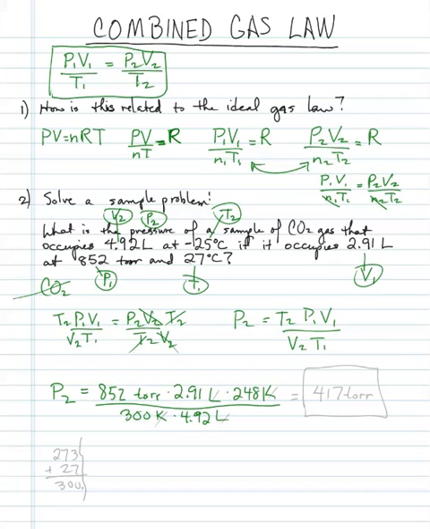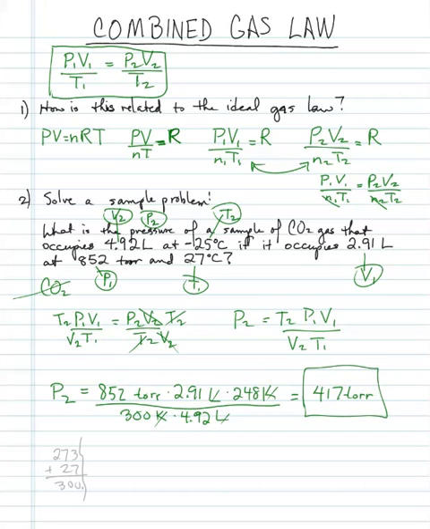Now, my K's cancel, my liters cancel, I have torrs left. It just says what is the pressure. It doesn't say what is the pressure in atmospheres, so I can solve it for any pressure units I want to. Since it started in torrs, the easiest thing to do is just to leave it in torrs.